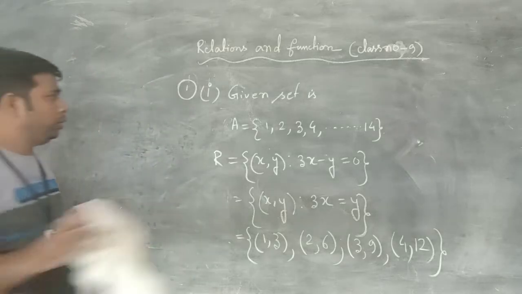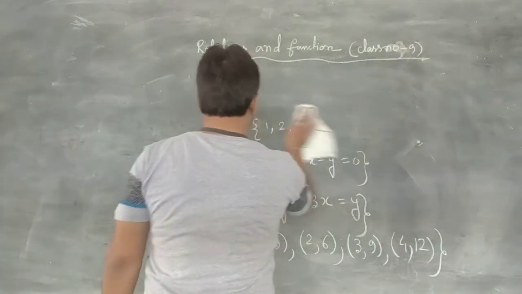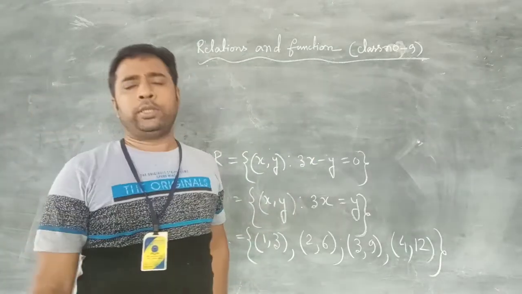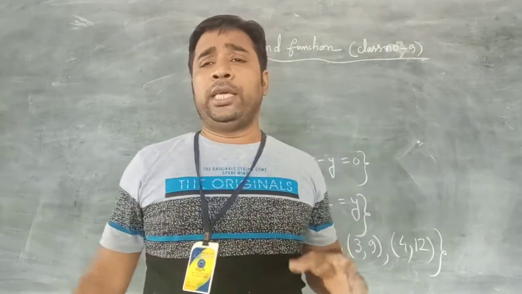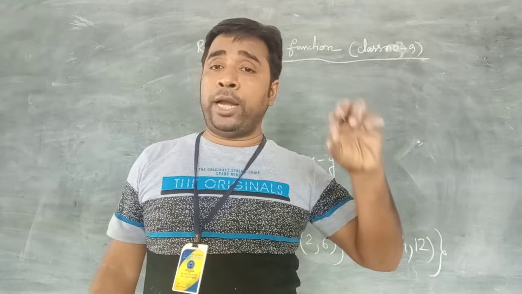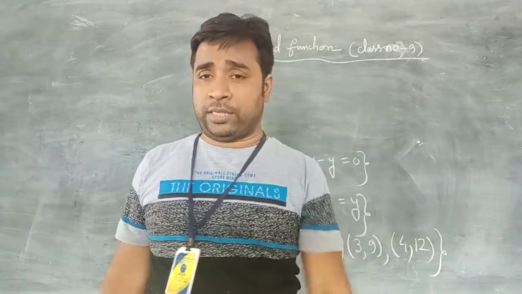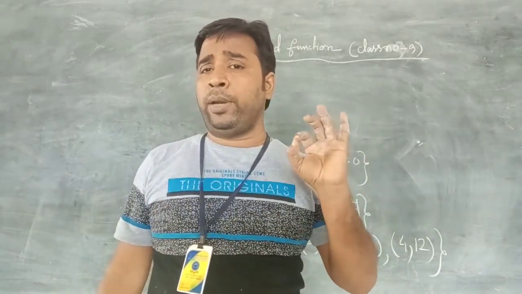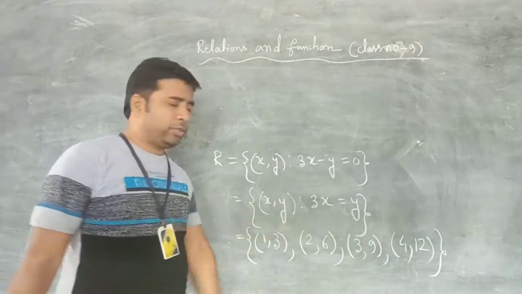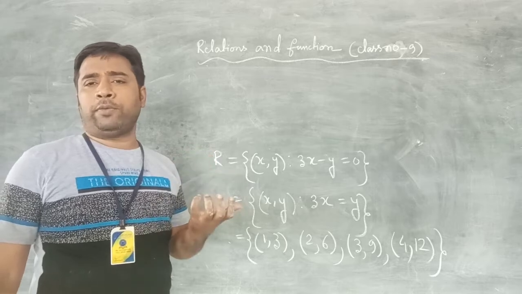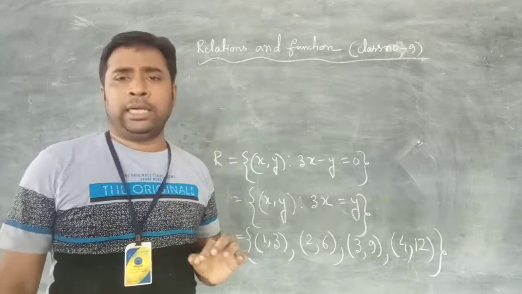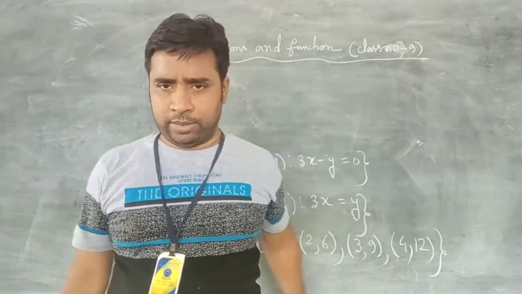Okay. What is the definition of reflexivity? Last time I also told you that reflexivity means if we consider any element from the set A and the doublet belongs to R, then only it will be reflexive. If we consider the element 1 from the set A, we see that (1, 1) does not belong to R, so it is not reflexive. We don't need to go to the second element, because the condition is not satisfied by the first element.